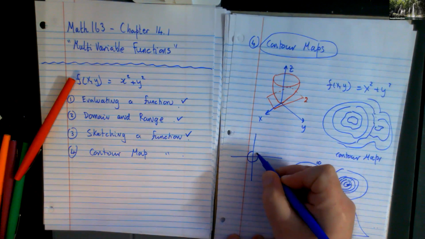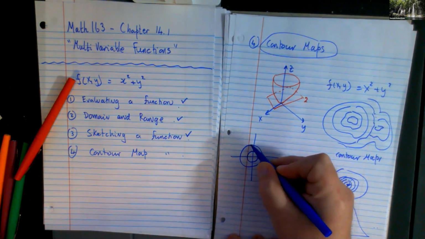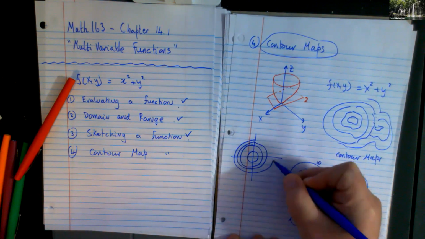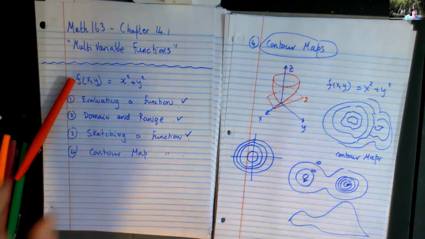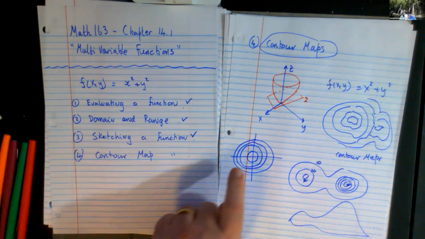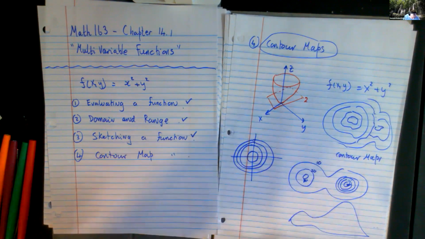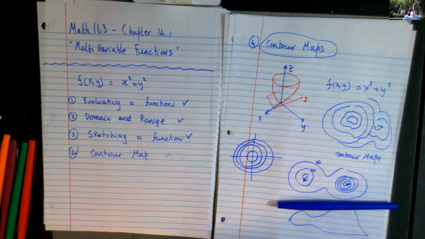And it might look something like this. And can we pretend that each line goes up in increments of 2? This would be the contour map of this shape. Now, do you notice that they're made out of circles? Well, think about that. If you take this shape and you slice it, won't it be a circle?